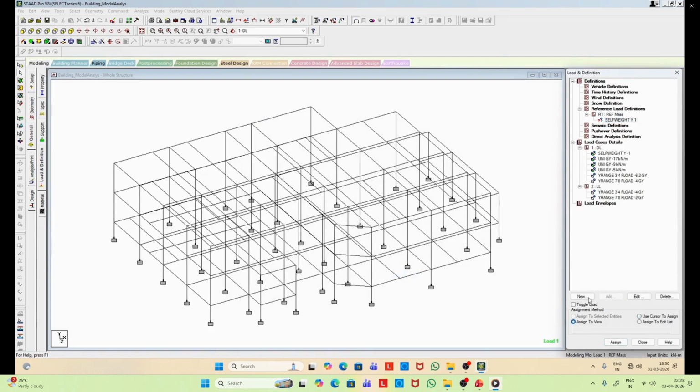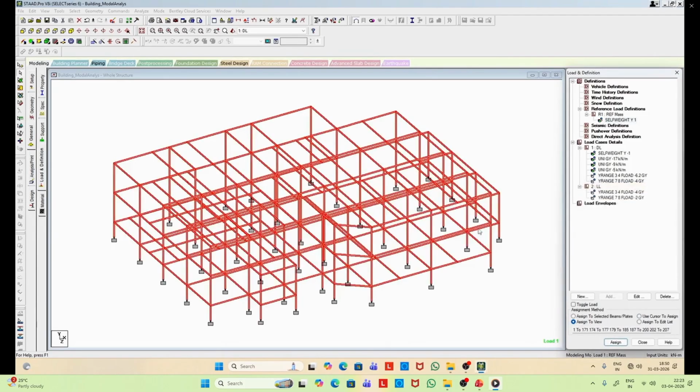And then we assign this mass to the complete structure. So now it is assigned. Remember, there is no floor slab, so we have to define the mass corresponding to the floor slab again, the same way we did for floor load.